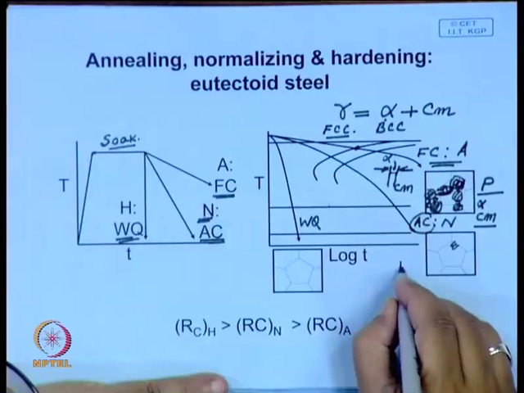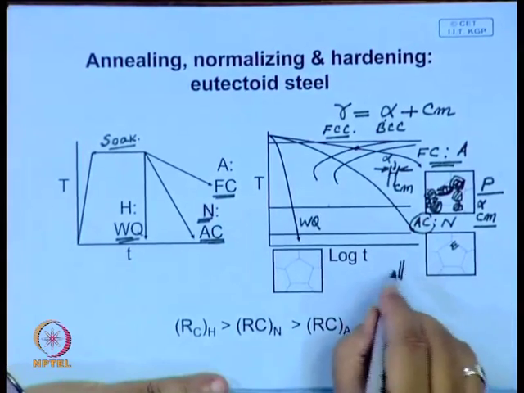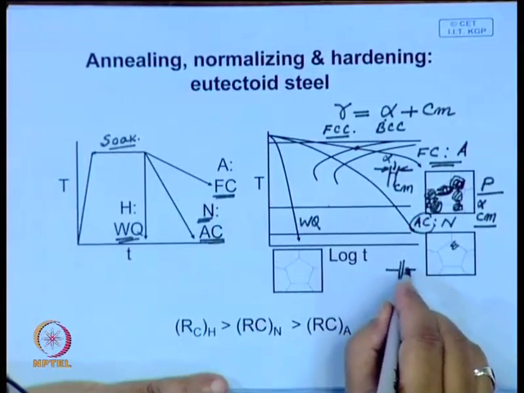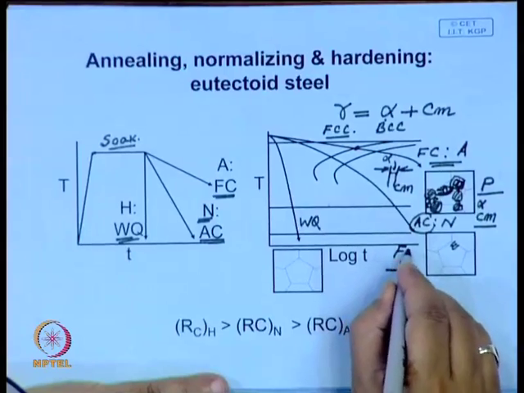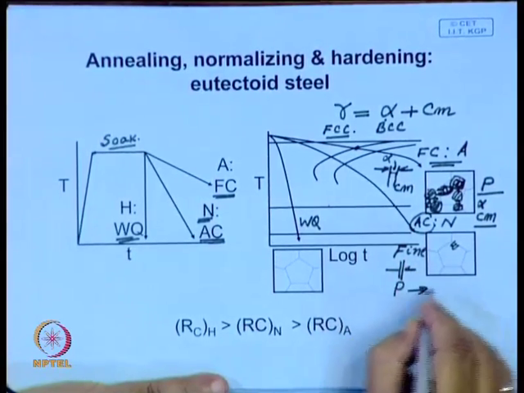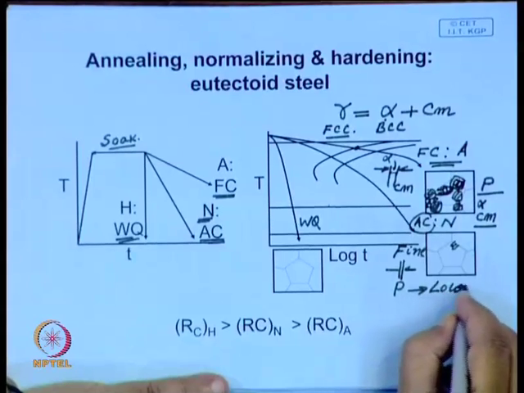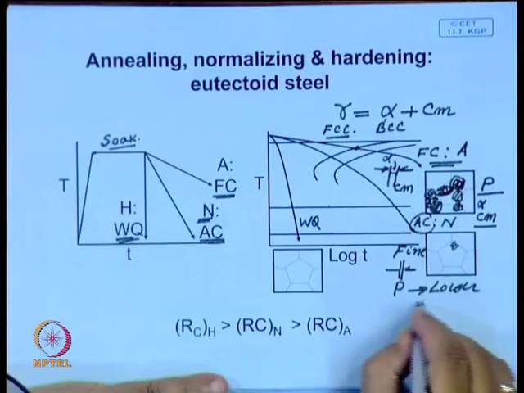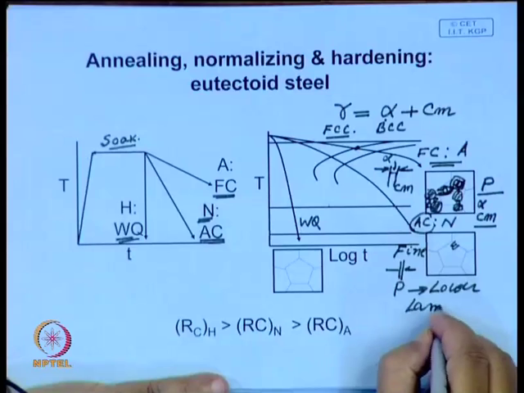So, in this case the lamellar spacing will be smaller. So, it will be more difficult to resolve. So, here you will have fine pearlite. So, this has a smaller lamellar spacing.